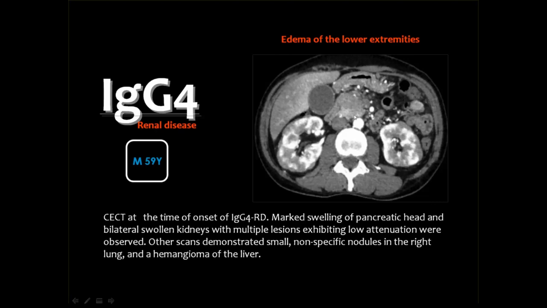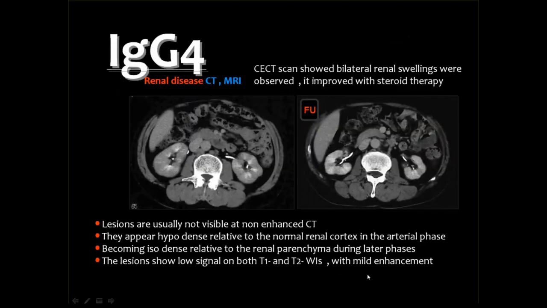If you look to the pancreas, you can easily appreciate the swelling of the pancreatic head, and if the pancreatic body and tail were included in the scan, this may show the specific findings of autoimmune pancreatitis, which will help you to predict that this appearance of the kidney belongs to the IgG4 group of lesions.